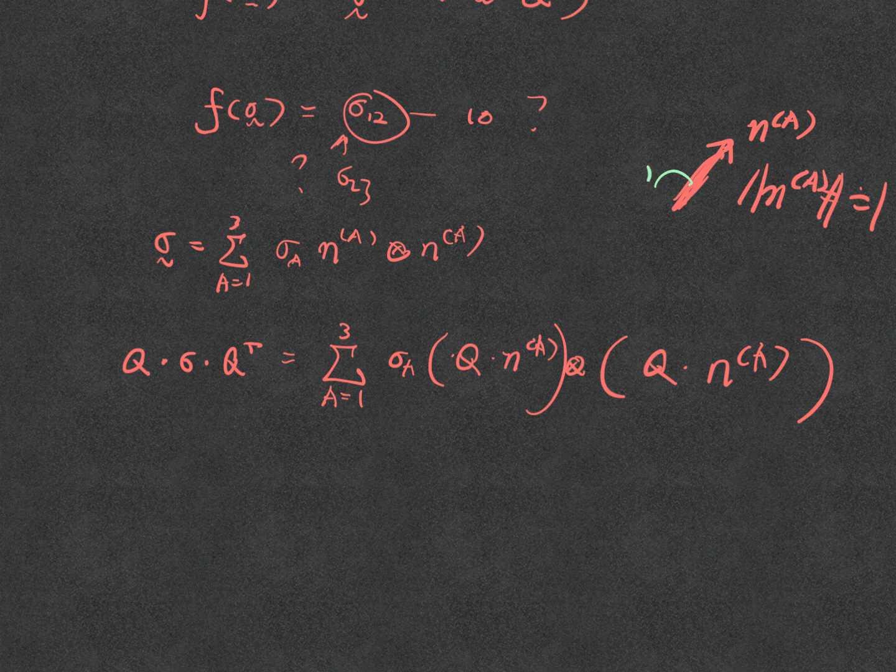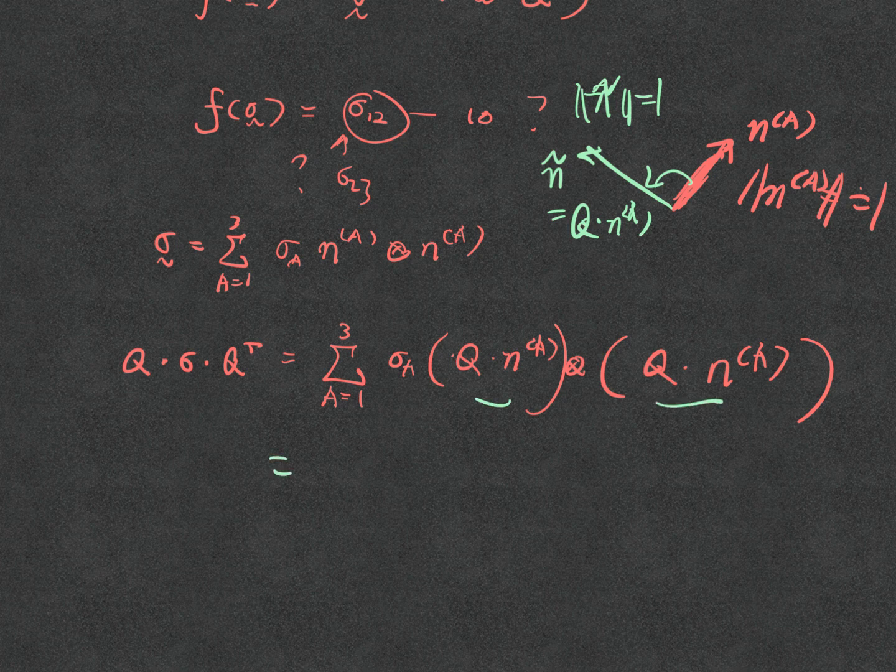I simply rotate it, and I preserve the length. So the new n vector would be equal to Q dot n_A, and the new vector, where I now put the overhead, would also have a norm equal to 1. Okay, does that make sense? The same thing for this part and this part.